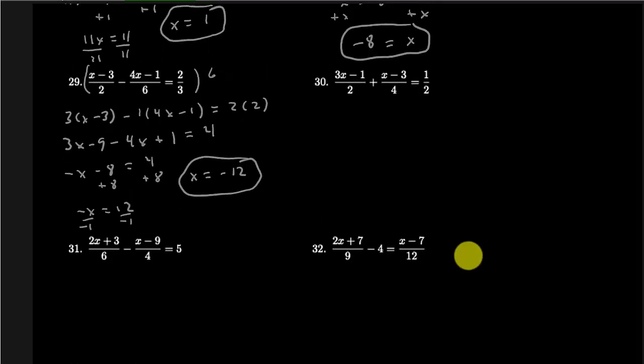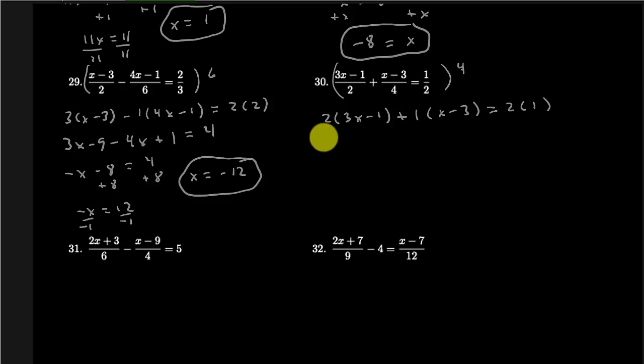All right, next problem. Common denominator is 4, so we're going to multiply everything by 4. 2 goes into 4 2 times, so that's 2 times (3x minus 1), plus 4 goes into 4 1 time, so that's 1 times (x minus 3). 2 goes into 4 2 times, so that's 2 times 1. Let's clear the parentheses.